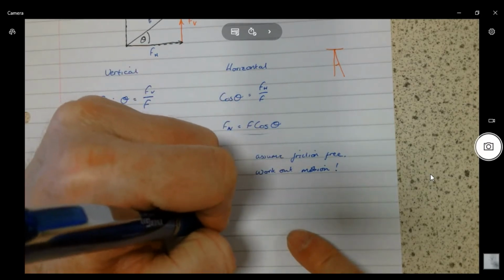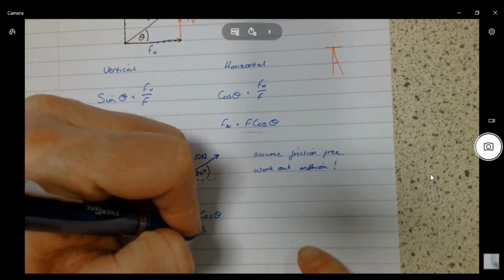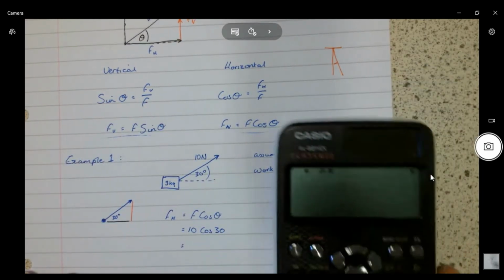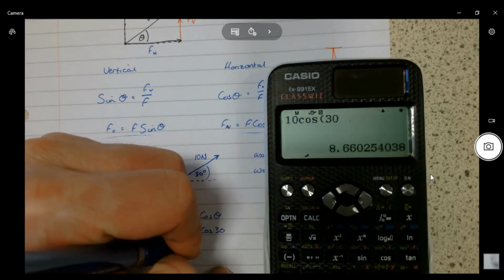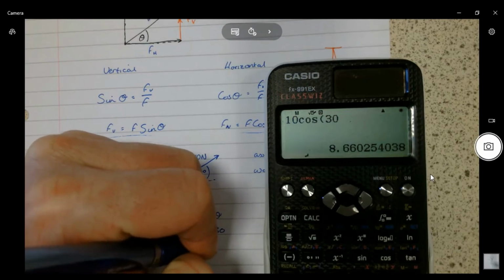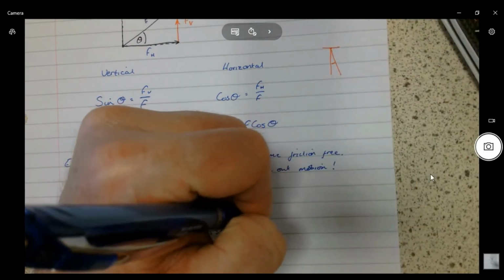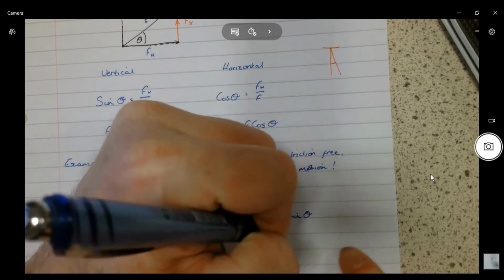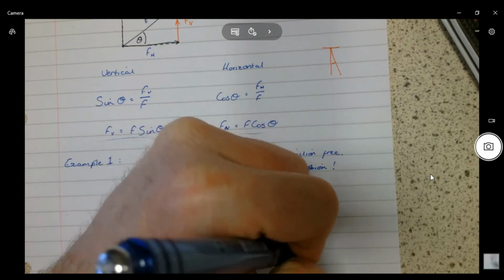F cos theta, 10 cos 30, 8.66. And we'll get F V, 5 newtons.